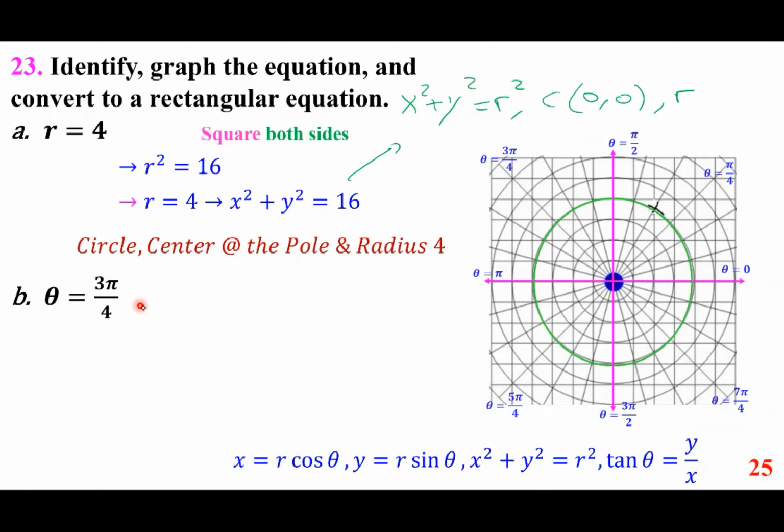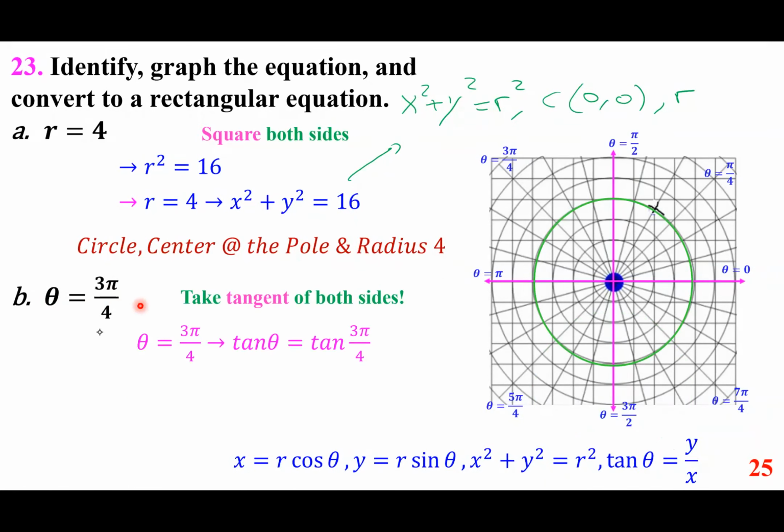When you have theta equals a constant, the technique is to take a tangent of both sides. And as you know, tan of 3 pi over 4 is one of those common arcs. Pi over 4 gives you 1. 3 pi over 4 in the second quadrant is the same as pi over 4, but negative. Therefore, it's negative 1.